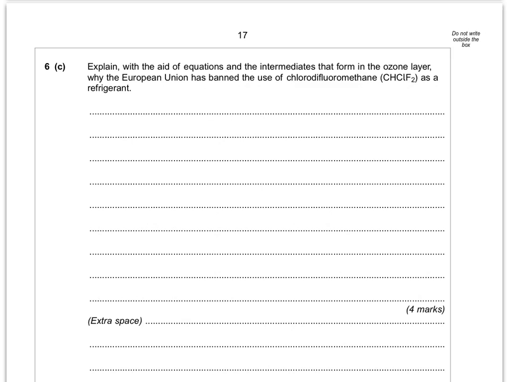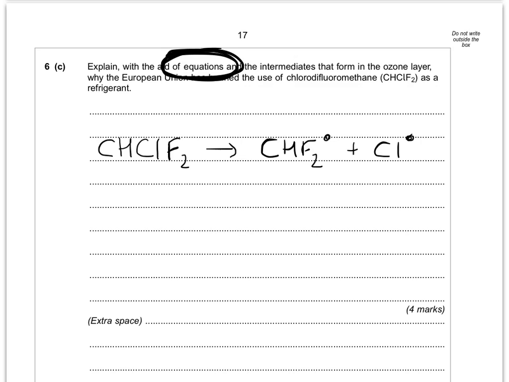And then here, explain with the aid of equations and the intermediates that form, why the European Union has banned the use of chlorodifluoromethane as a refrigerant. So, this is the important thing, the aid of equations. Some of you just weren't writing equations. So, initiation step, it's not chlorine breaking apart, it's the CFC that breaks apart, so CHClF2 goes to make CHF2 dot plus Cl dot, and then it's that chlorine free radical which will react with the ozone in 2 reactions that you could just learn.